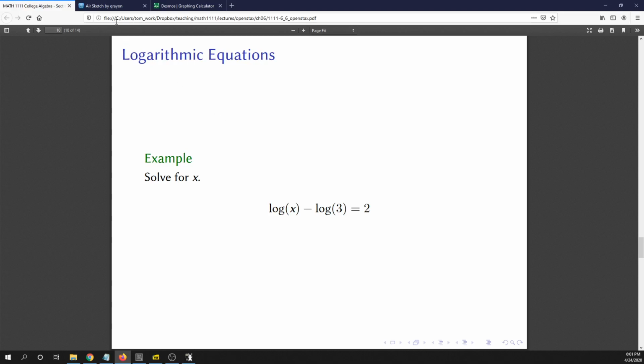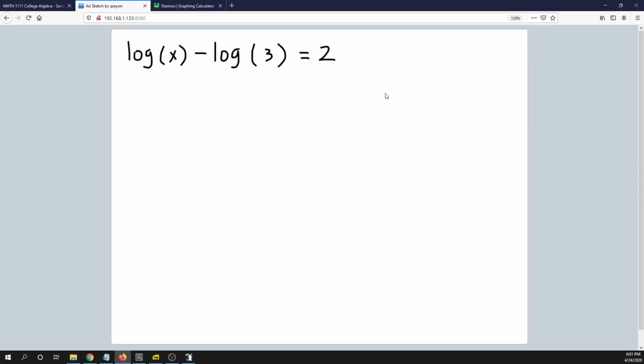Okay, and we want to solve this equation. So again, what we are going to do is use the conversion from logarithmic form to exponential form to solve this equation.